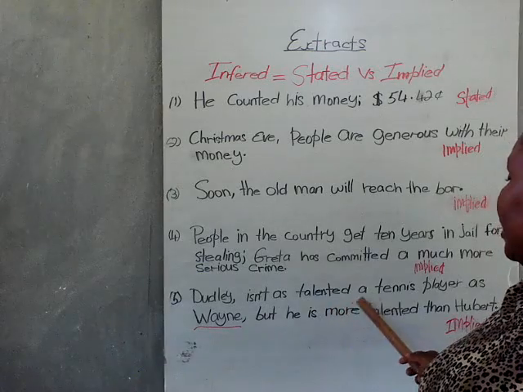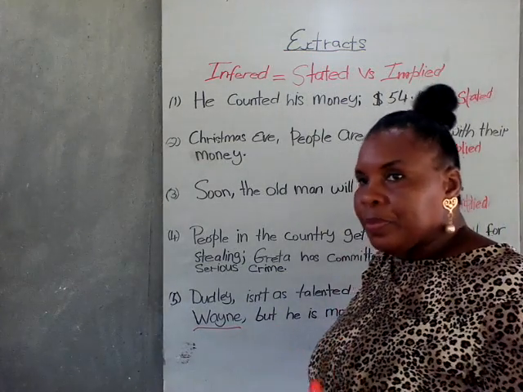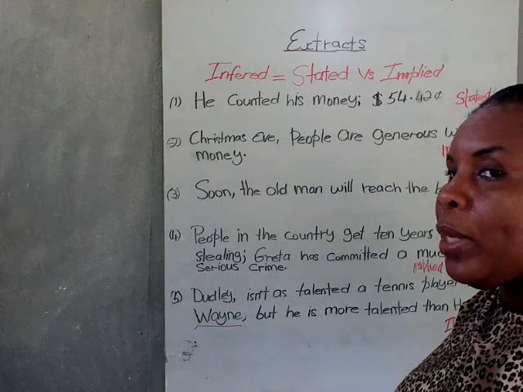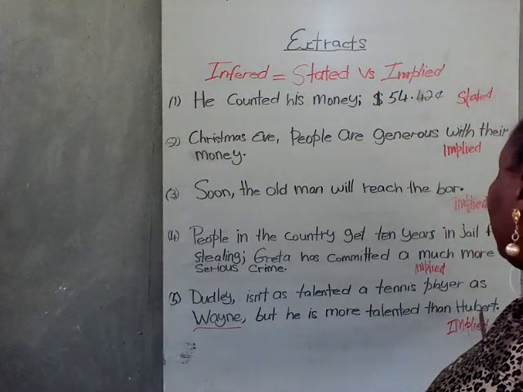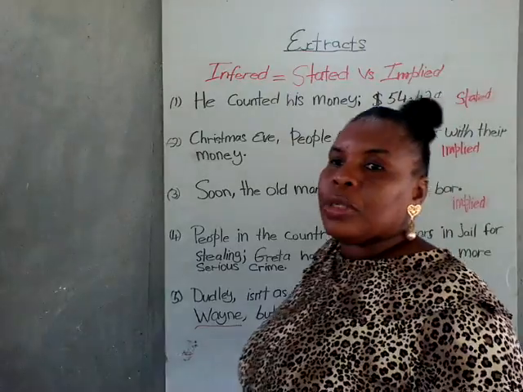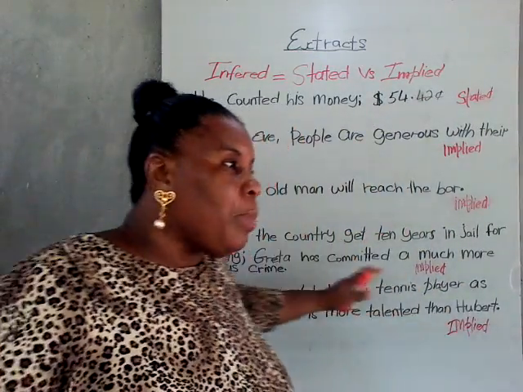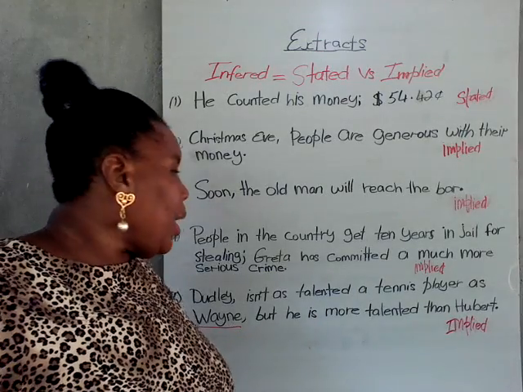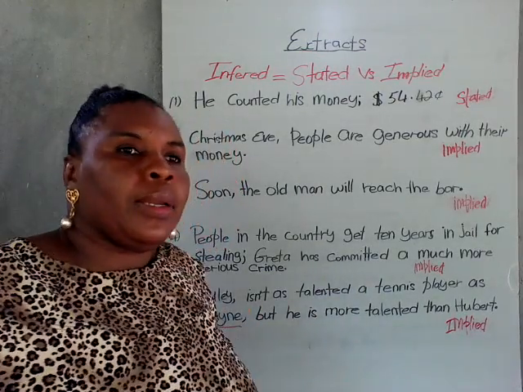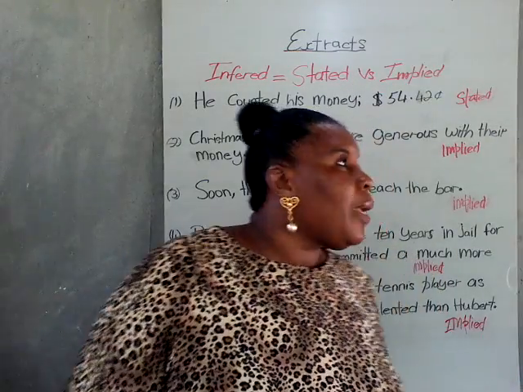Dudley isn't as talented a tennis player as Wayne. He doesn't match up to Wayne, but he is better than Hubert. So if he doesn't match up to Wayne and he's better than Hubert, Wayne is the star. Wayne is the champion. Wayne is the go-to guy when it comes to tennis playing.